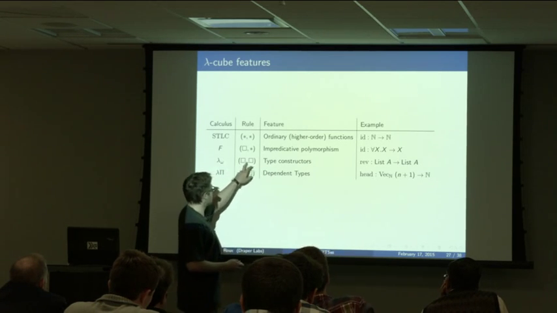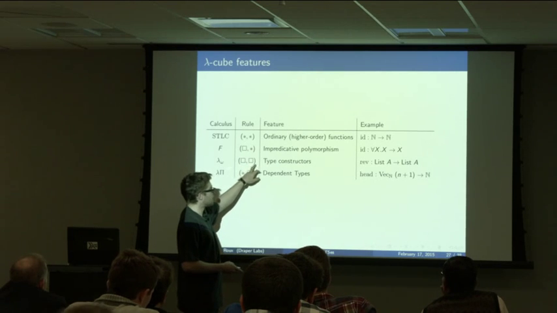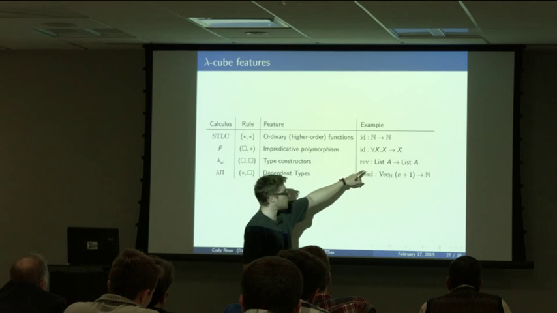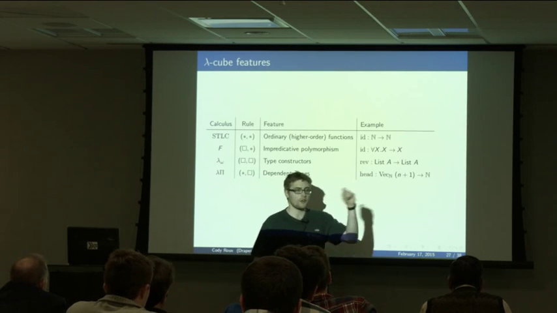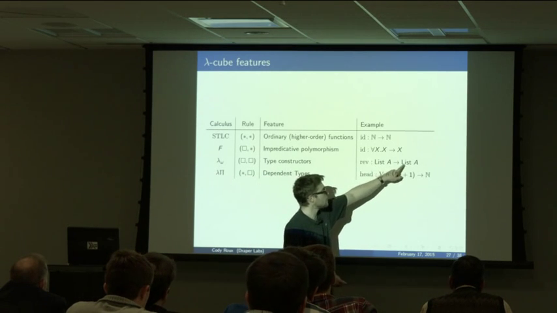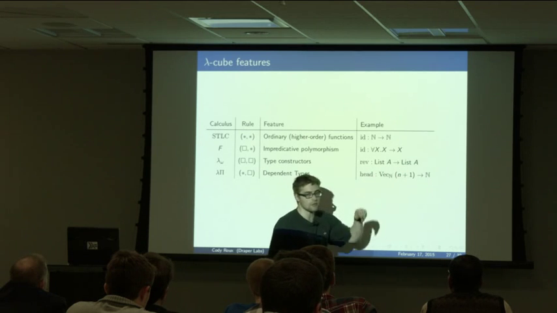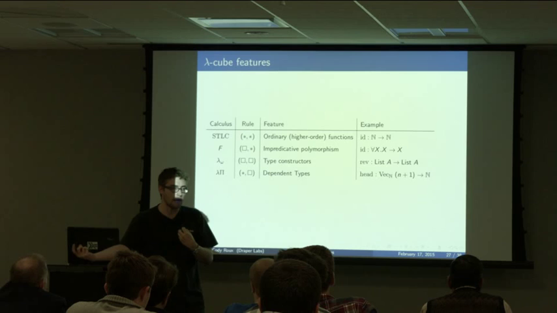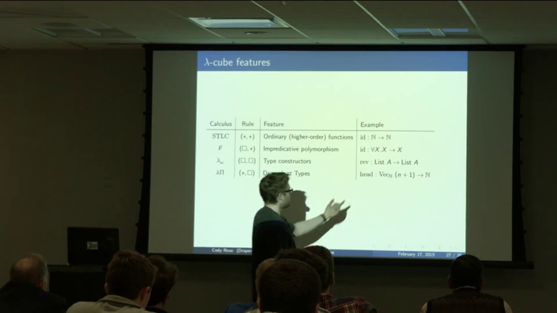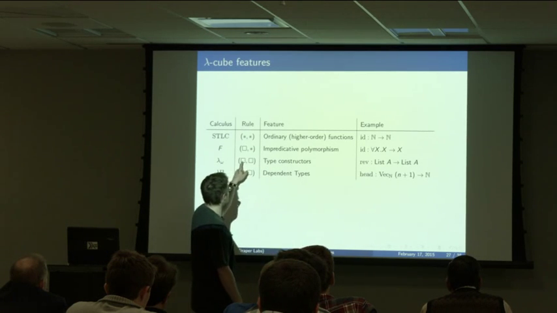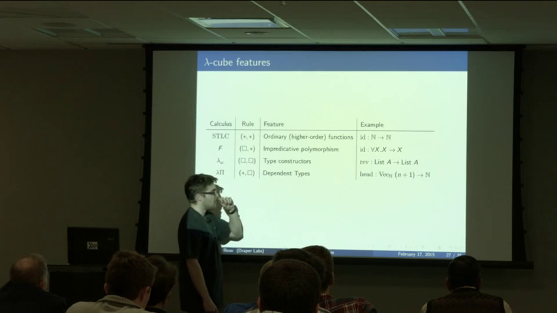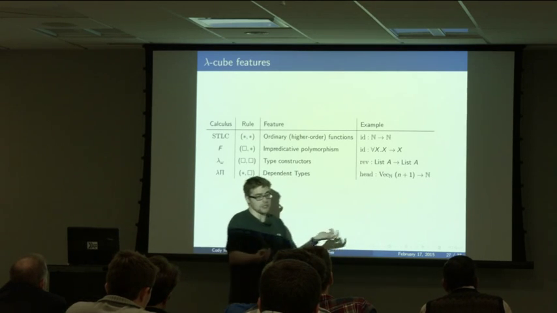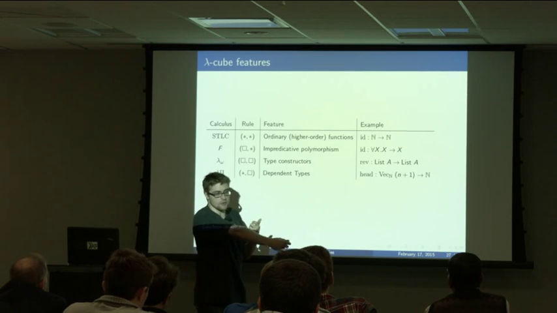Okay. Now, this box is one I really like because people don't often talk about it all by itself. But it's basically the system in which you have type constructors. You're not polymorphic, but you can at least write down something like list A, which is a list over some unspecified type A. Okay? And then to form this list type, list is a function which takes as input a type and returns a type, right?